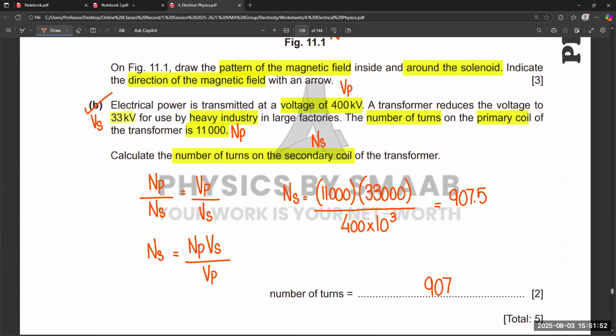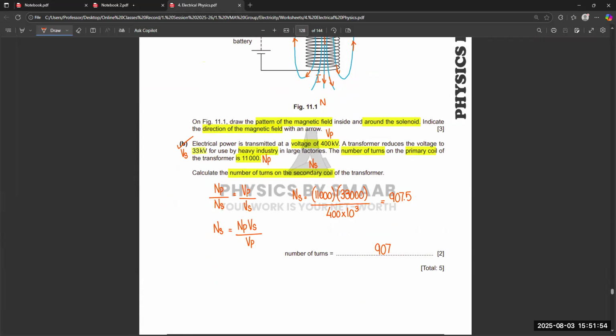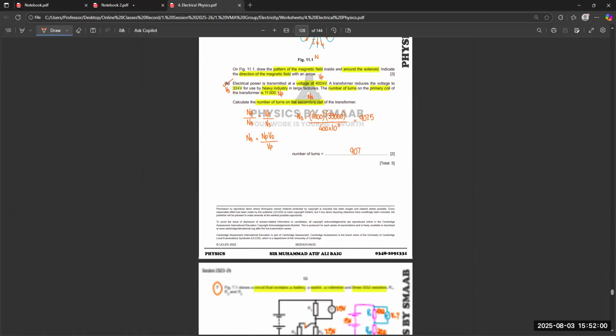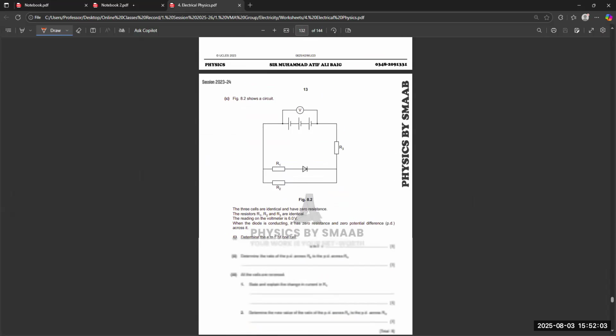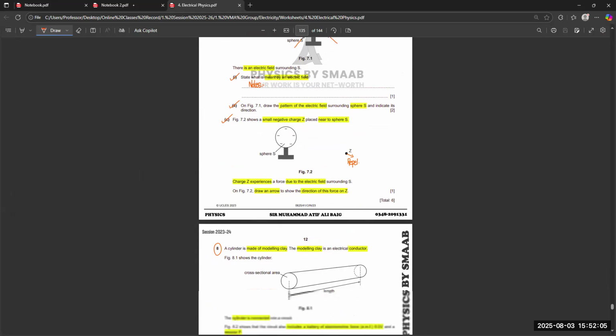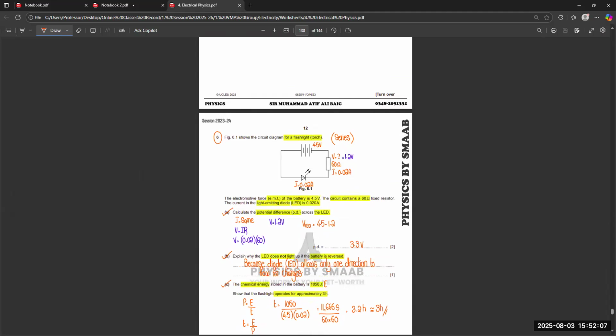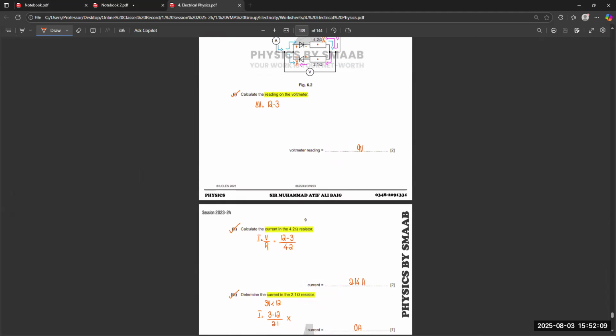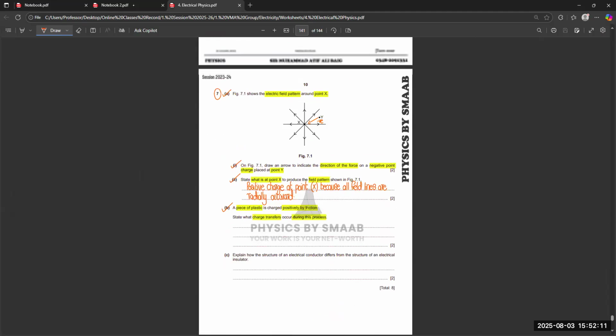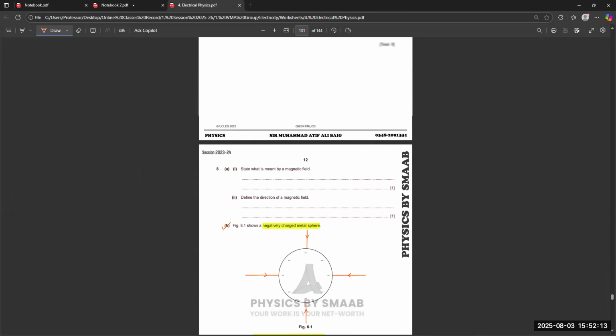Now from this specific section of electricity and electromagnetism, now we can solve any question from this topical file. We already solved many questions from this topical file. Some questions from the new papers are left. So first try to solve those new questions from this topical file, then move on to the old questions.